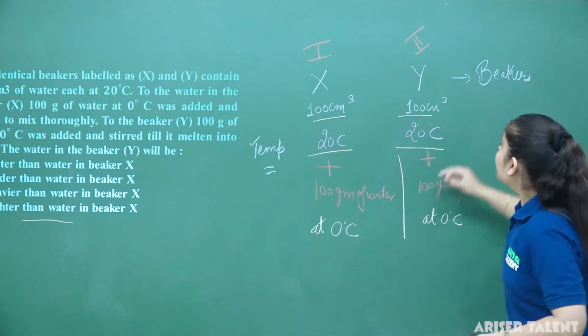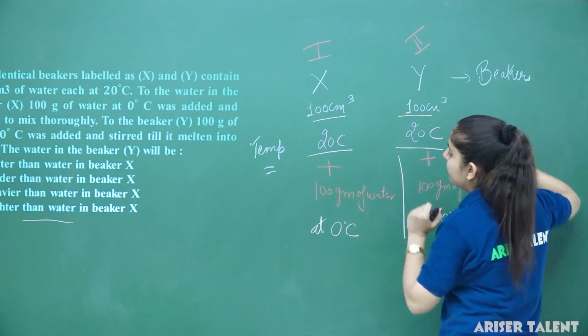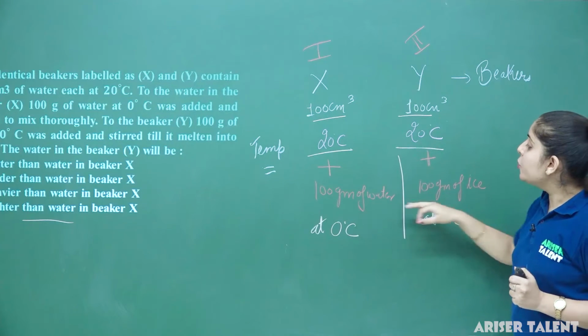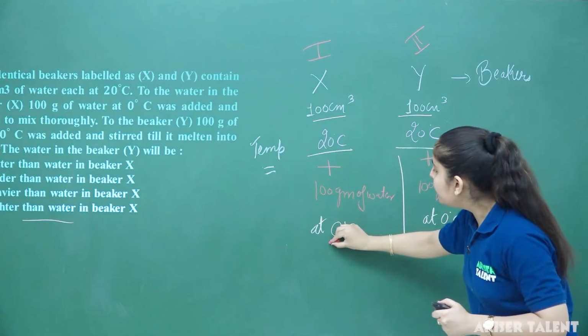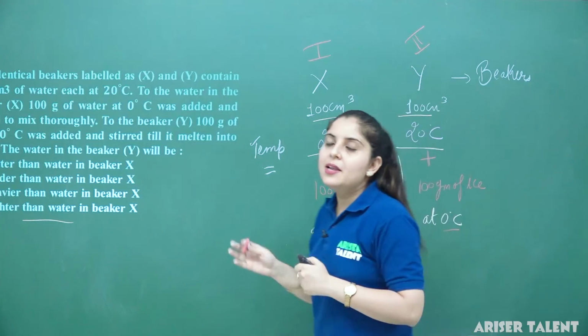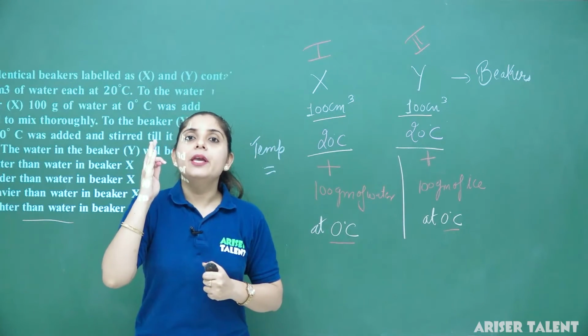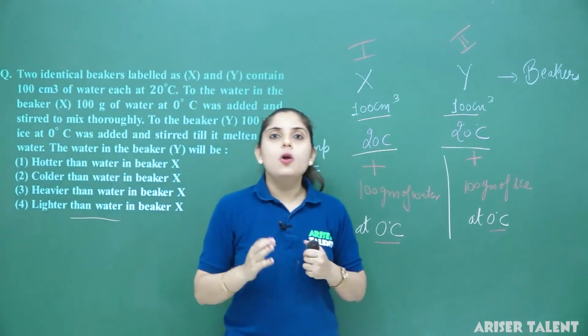Now, we have substituted ice in this chamber and we have substituted water in this chamber. Again, we are filling the water at the same temperature, that is 0 degrees Celsius. So, you can easily find out that the water in beaker number 2, that is Y, will be colder than X. Why is it colder?